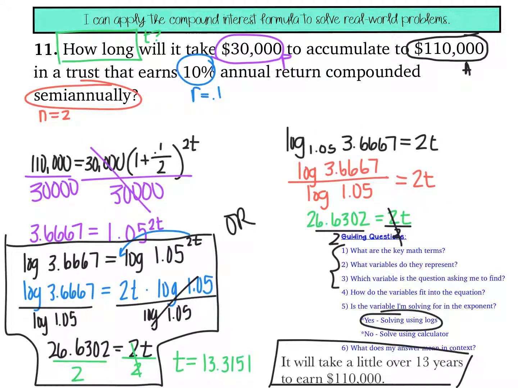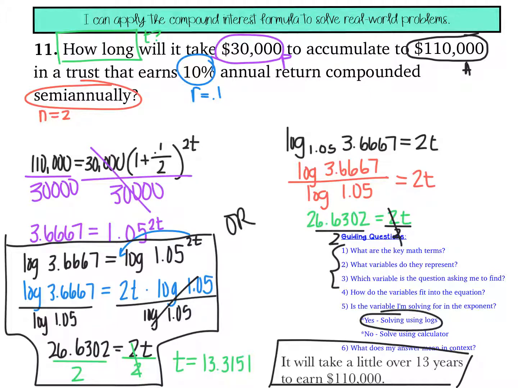Over here, I rewrote this in log form. So log base, what's the base? When I look at this, the base is what's being raised to something. So the base is 1.05 of this value equals the exponent. Then I use the change of base formula to type this in because I don't have a log base 1.05 button, but I can say the log of the big number divided by the log of the small number, the change of base formula.